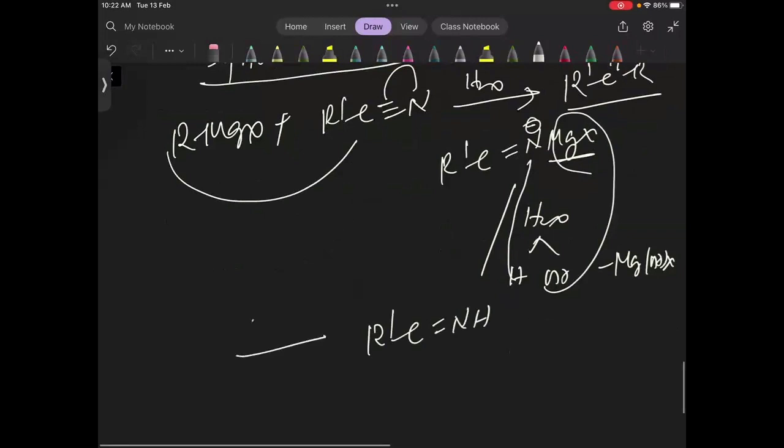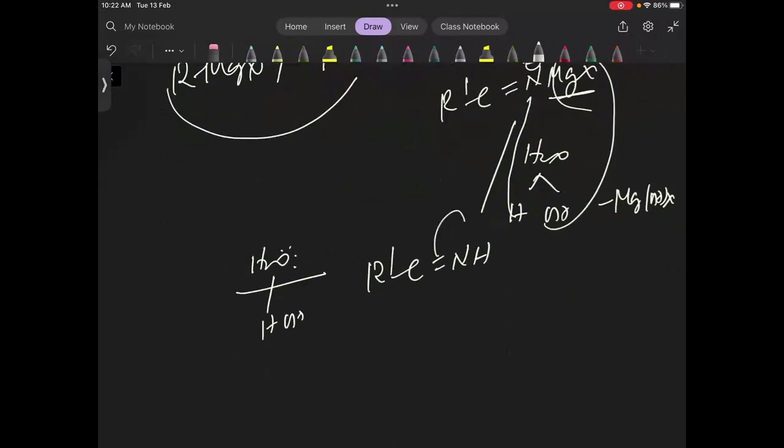Now again, when we take water, which contains a lone pair, HOH, what will happen? That will attack here, and in that case we get R dash C OH single bond NH2, and here R dash C NH.